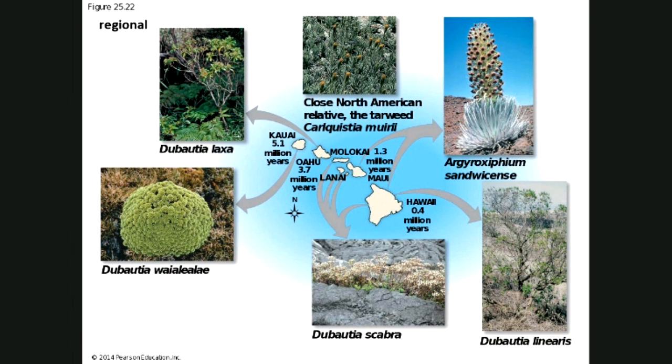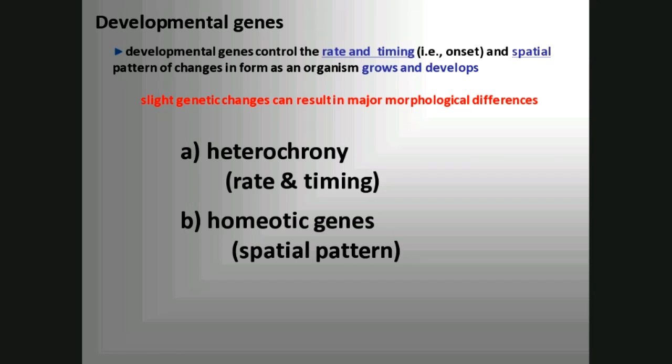You can see about 400,000 years ago, in Hawaii, we start to get this species, Dubautia linearis. And all of these are related to one another, and they're all different for the same reason that those finches are different on the different Galapagos Islands. So after the dinosaurs left, it was a party. Everybody was adaptively radiating. Everybody was moving out, moving around the world.